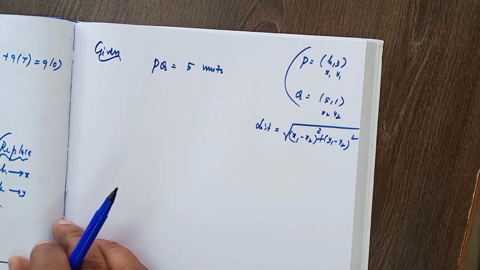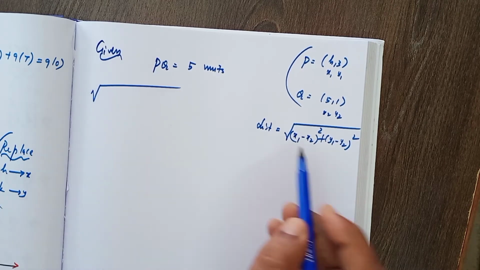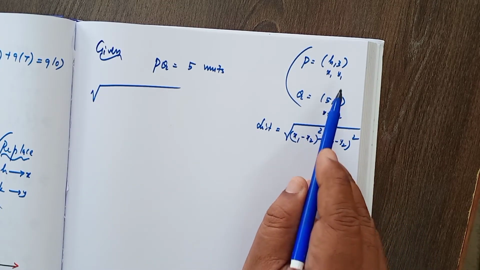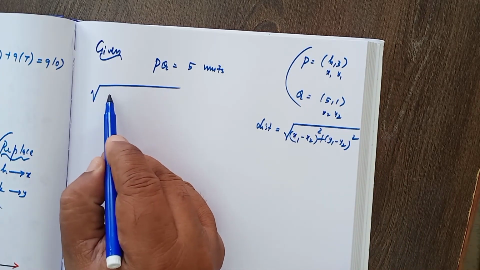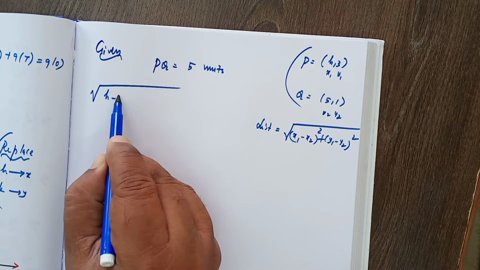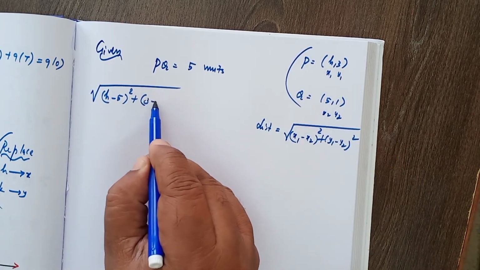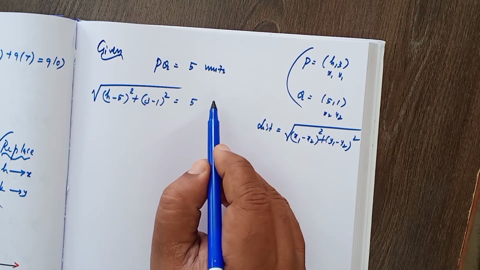Both are the same. Now you can apply the formula here. Even if we take 5 minus h or h minus 5, it is the same, while squaring we will get the same answer. So (h minus 5) the whole square plus (3 minus 1) the whole square, that is equal to 5 units.